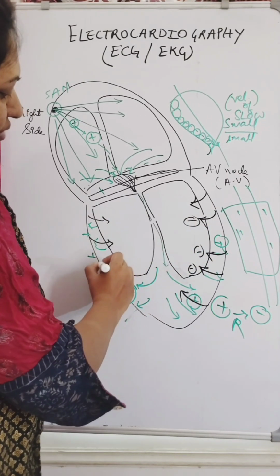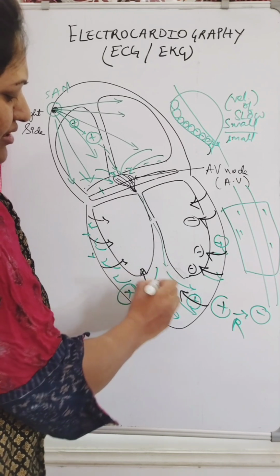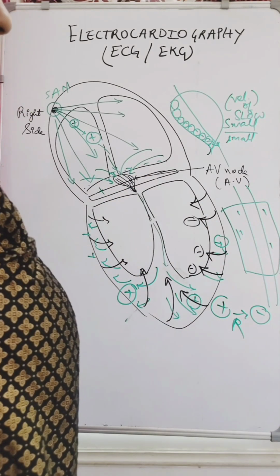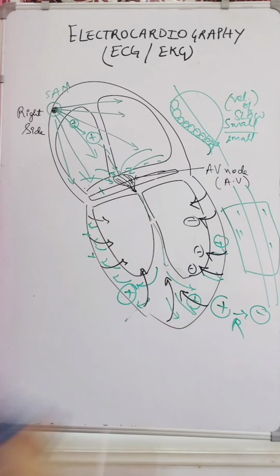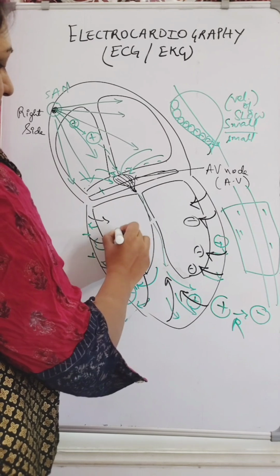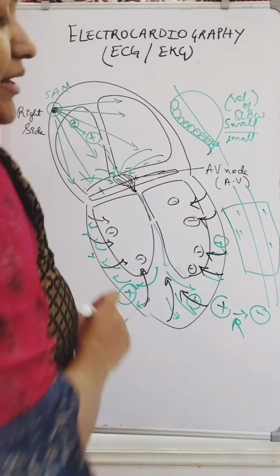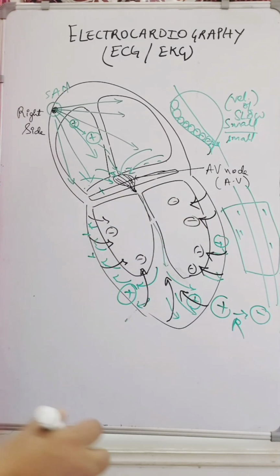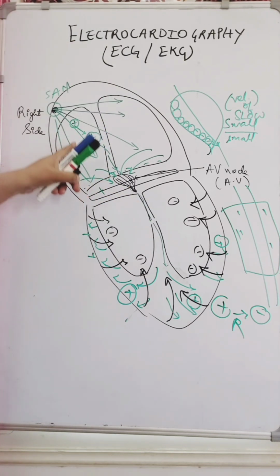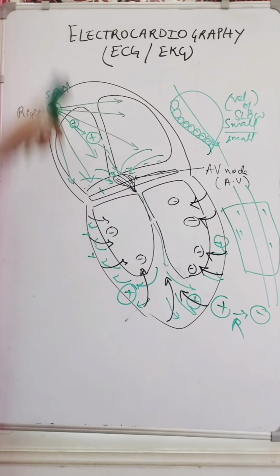The heart will again come back to its relaxed or resting potential. That is the electronegativity. Again from positive, you will see the negative charges are distributed in the ventricular chambers. The same process occurs for the atrial chambers, and this process is called atrial repolarization.